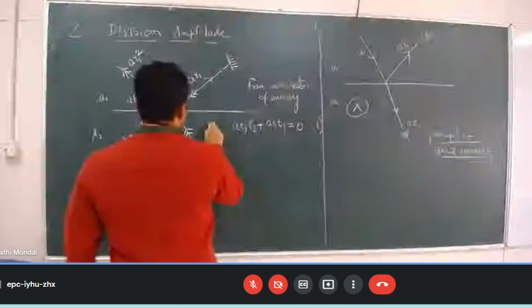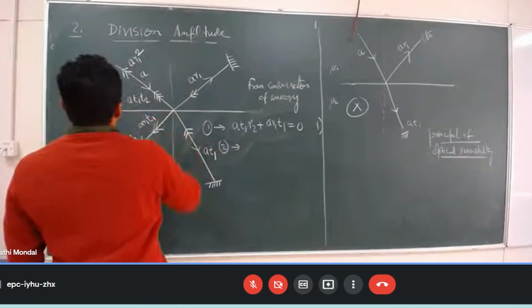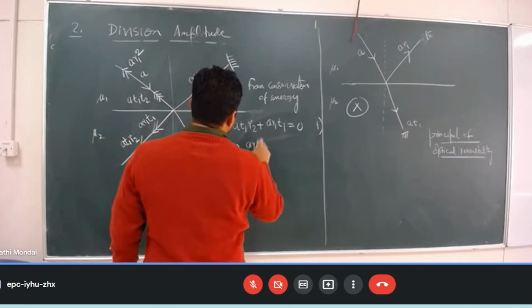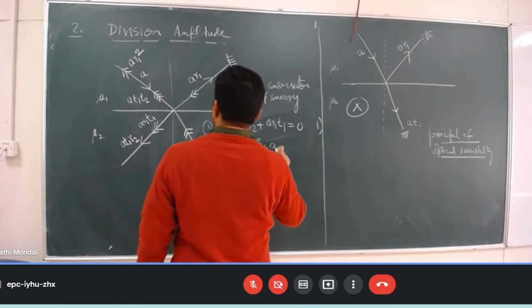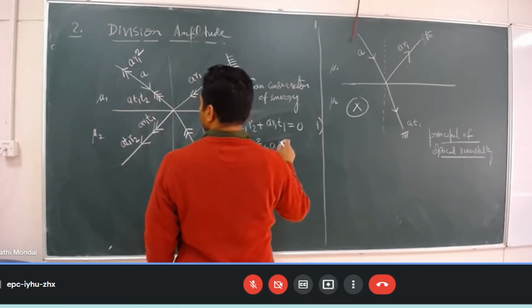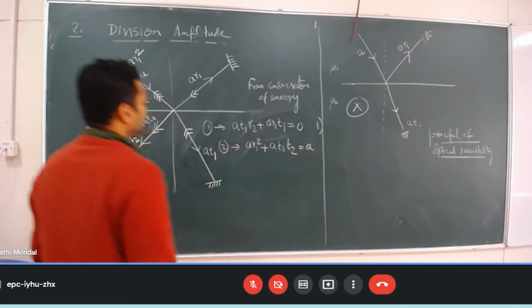This is one equation. And the second equation you will get: AR1 square plus AT1T2 equals A.